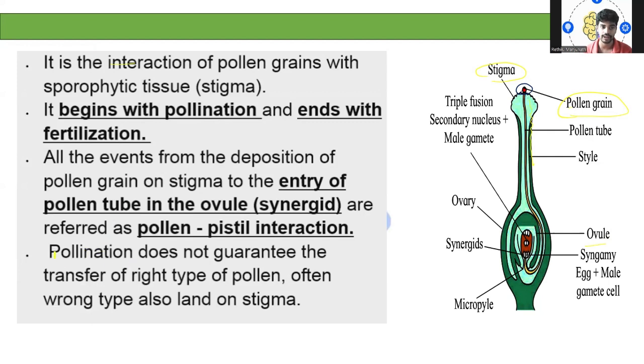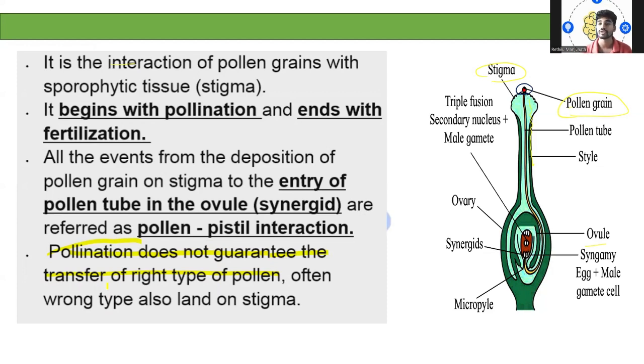You have to remember that pollination does not guarantee the transfer of the right type of pollen. Often wrong types could also land on the stigma. During pollination, sometimes wrong pollen grains will also land on the stigma.